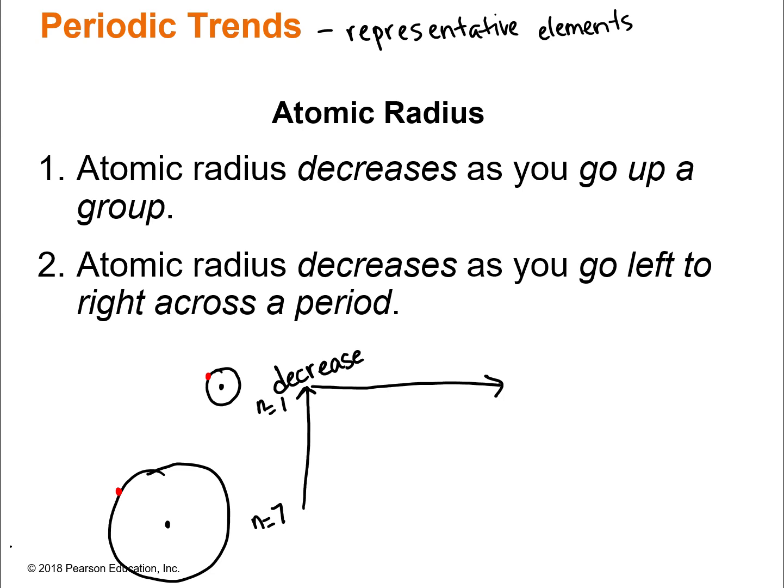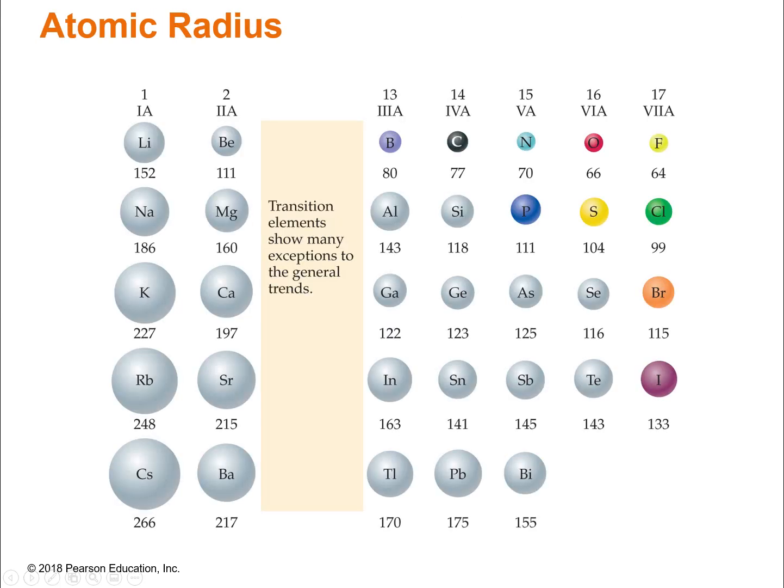So you're going to need to know the relative trends. And here's something that's a little bit more visual. So we're not talking about the transition elements. We're talking about the representative ones, the ones that have the A in their group name. And this just gives you a visual representation of what we just said on the last slide. The bigger you are, the further down you are on the periodic table.